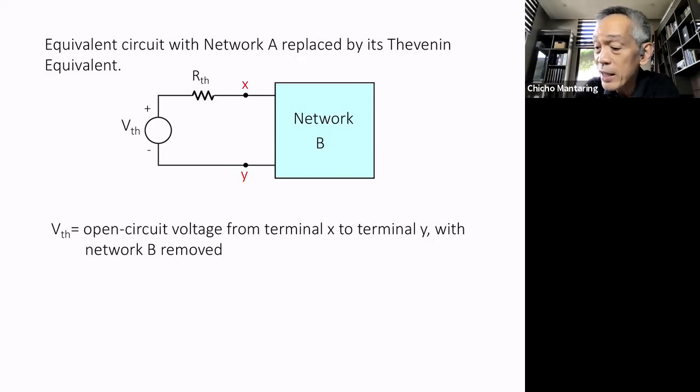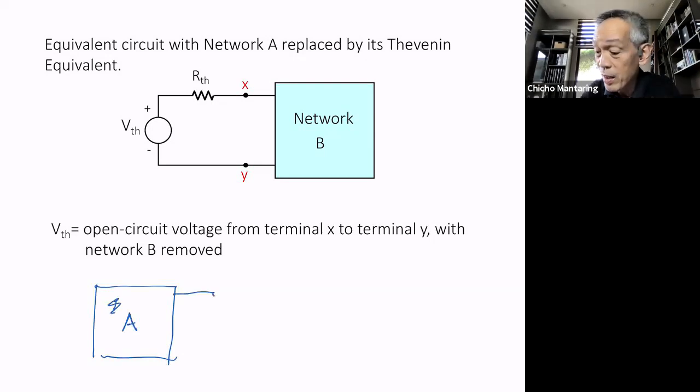Now, what is the value of VTH? VTH is the open circuit voltage from terminal X to terminal Y with network B removed. Okay? So, if this is network A, sabihin natin this is network A, let me just label it A, no?